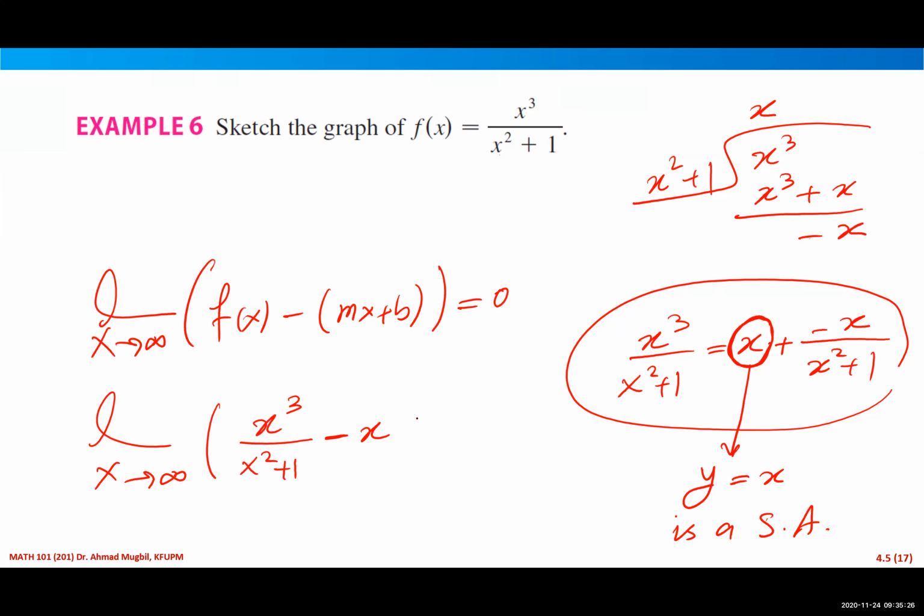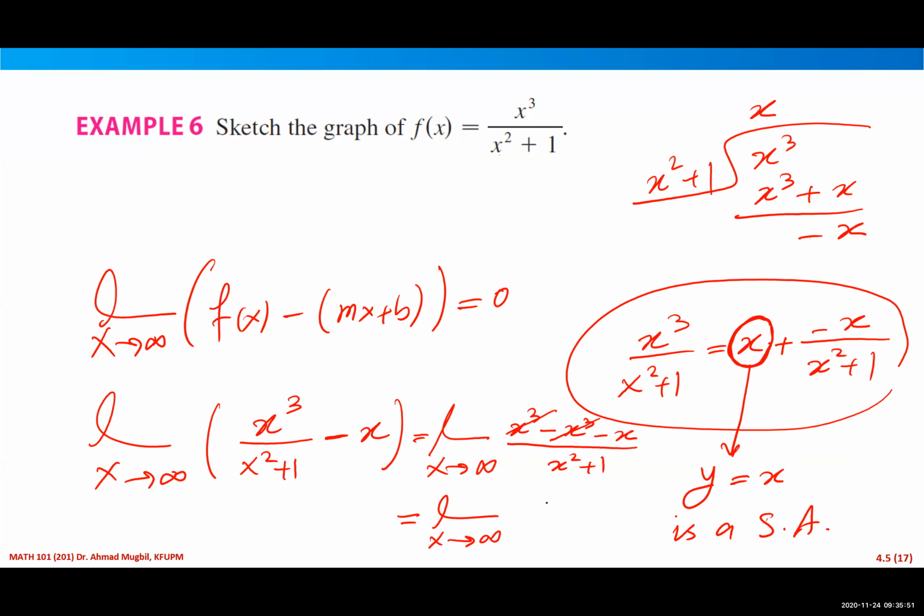X. So now what will this limit be, ya shabab, if you simplify? It will be the limit as x goes to infinity of x cubed minus x cubed minus x, am I right, over x squared plus 1. I just wrote it as a single fraction. This will be cancelled. And what do we have here?